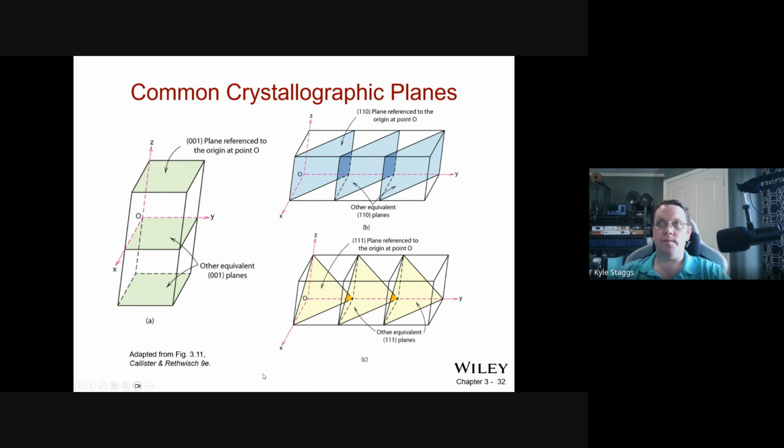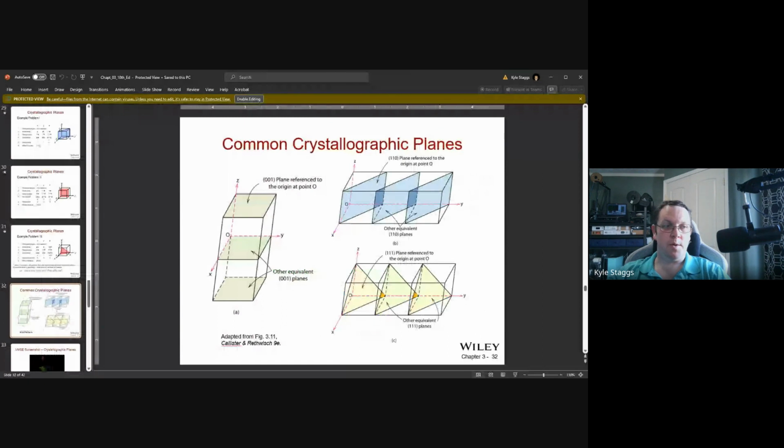So let me see if I can find a quick example of what that looks like. The way that those materials tend to fracture, for instance. Let me see if I can get you an image.